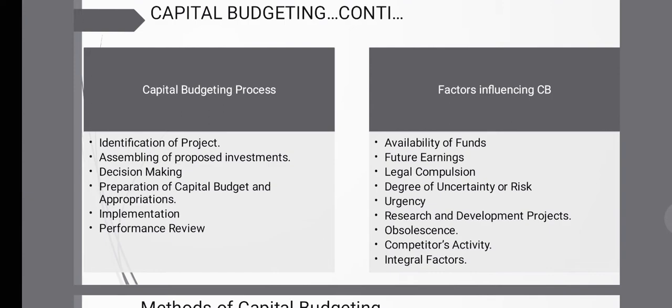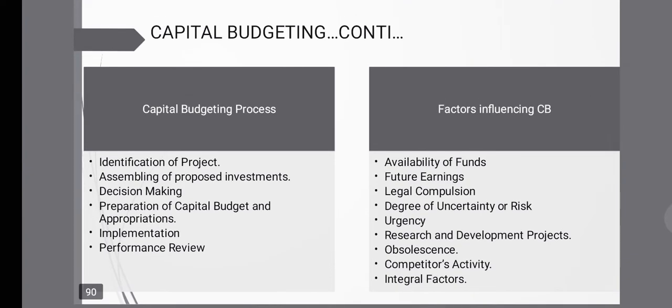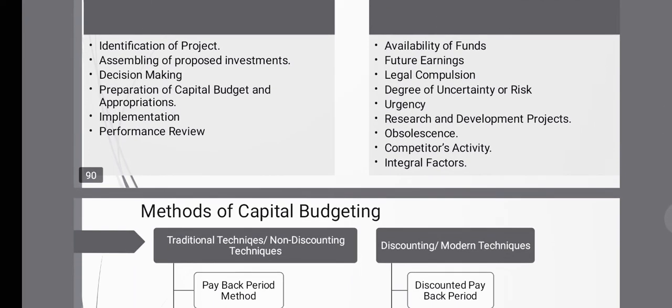Now, factors influencing capital budgeting: availability of funds, future earnings, legal compulsion, degree of uncertainty of risk, urgency, research and development projects, obsolescence, competitors' activity, and internal factors. So these are the various factors which affect capital budgeting decisions.